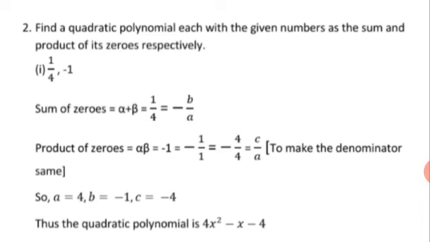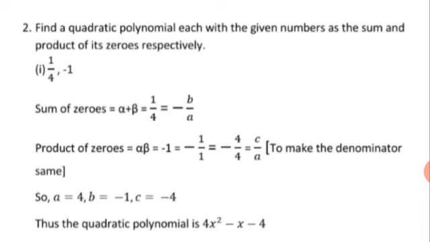Now children, if you look at the sum of the zeros and you study that statement, it is 1 by 4 which is equal to minus b upon a. If you look at it, a will be equal to 4. I'll equate the denominators. That is how I am getting a as 4. So in the second statement also I should have the denominator as 4.